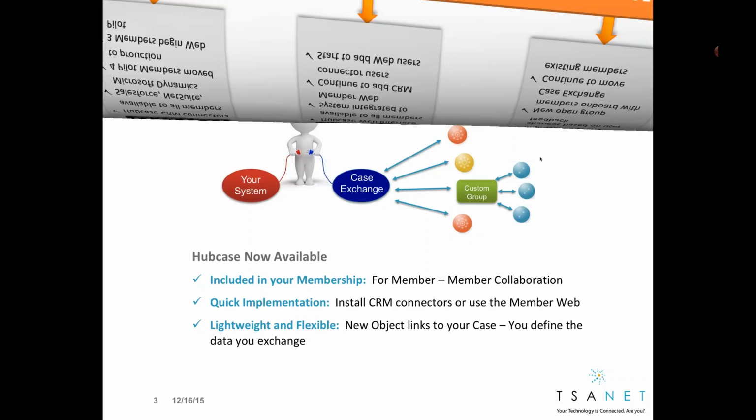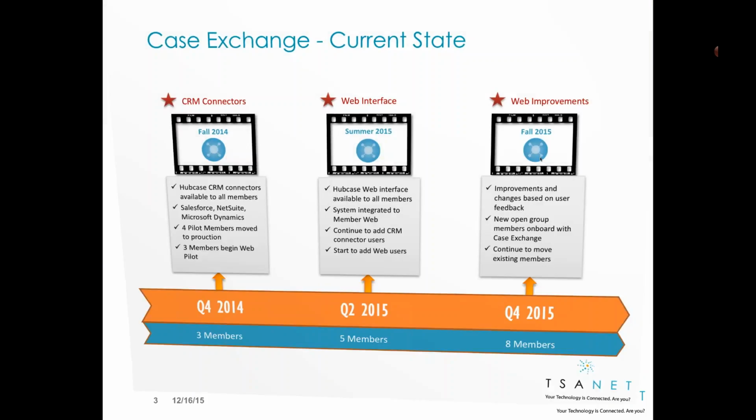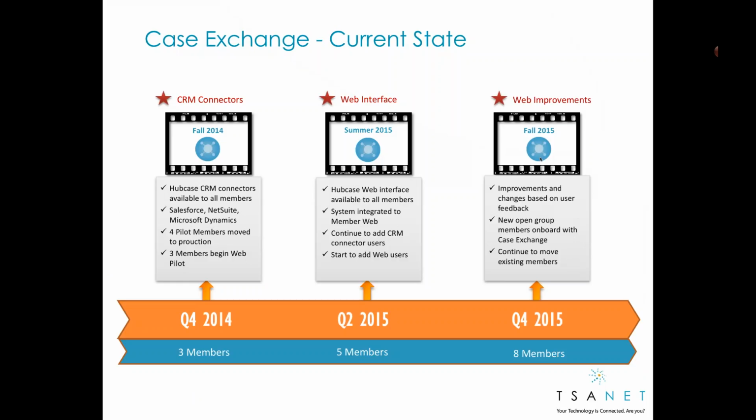As far as the current state, taking a look at the roadmap here, we first deployed this in the last part of 2014. It first came to the membership with 3 CRM connectors. We piloted this a good part of 2014, with 3 members involved. There were several changes to those systems and connectors, but they were released at the end of 2014.